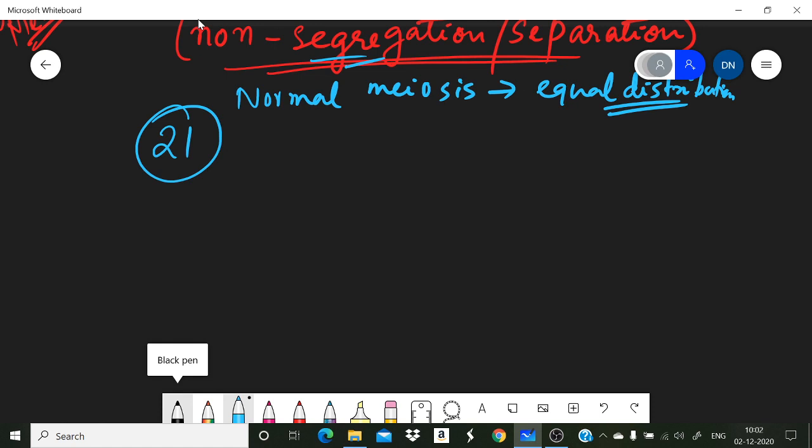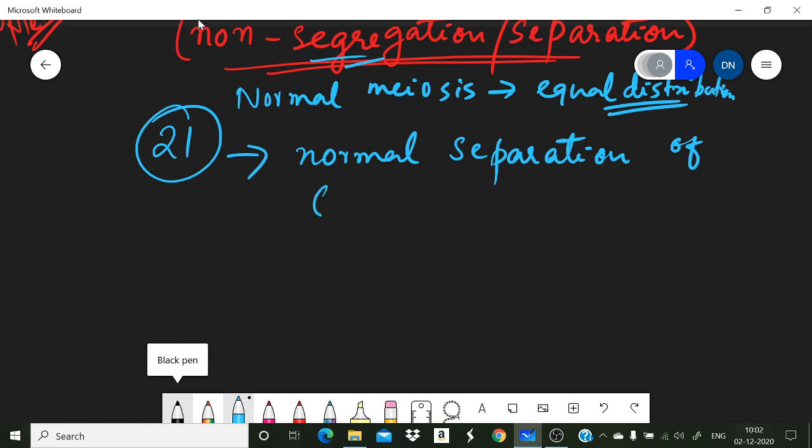In trisomy, the normal segregation or separation of chromosomes fails to occur, and instead one pair of chromosomes remains together with an additional chromosome.